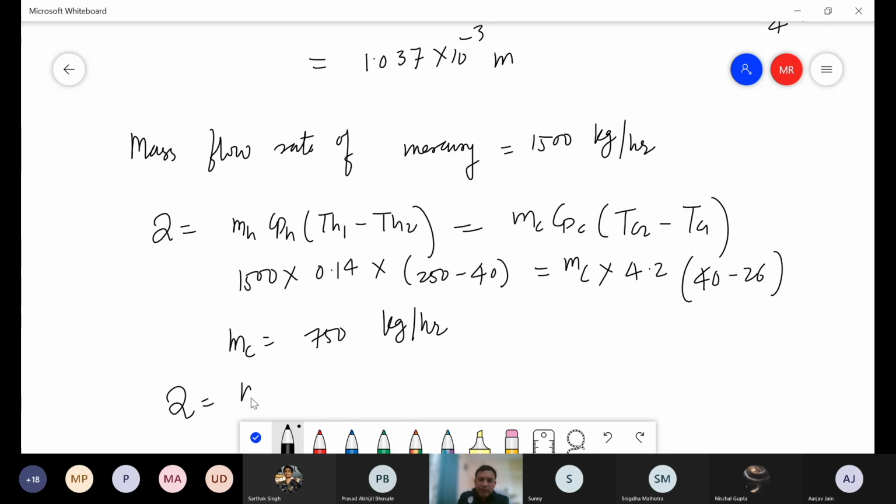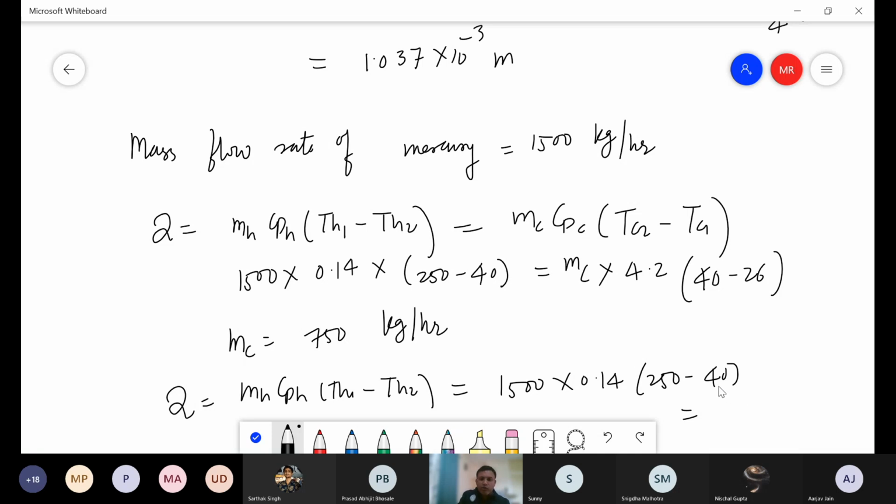the hot fluid, that can be directly given as MH CPH (TH1 minus TH2). So we can calculate this as 1500 into 0.14, 250 minus 40. Here mass flow is kg per hour and specific heat is kilojoule per kg per degree Celsius, so the Q value will be kilojoule per hour, isn't it?